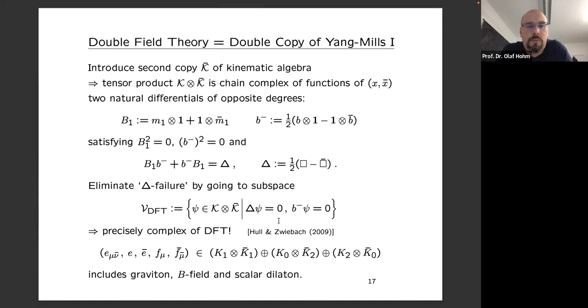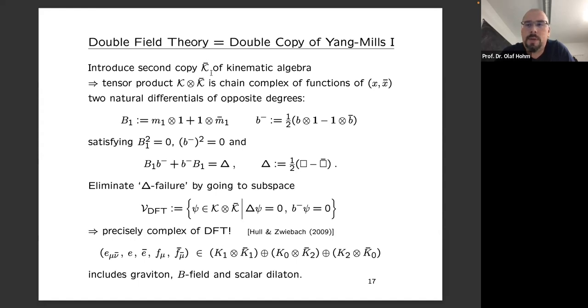So I want to show in which sense double field theory is the double copy of Yang-Mills theory. So recall that Yang-Mills theory was the algebra K tensor G, where G is the color Lie algebra. And now the idea, motivated by the amplitude business, is to replace K by a second copy of itself, which we call K bar.